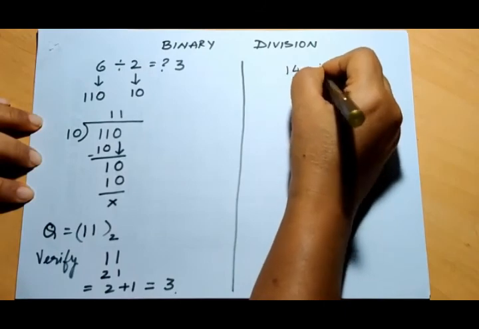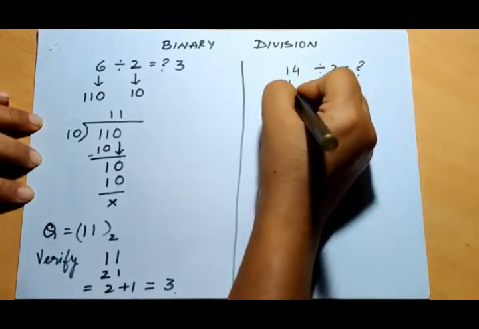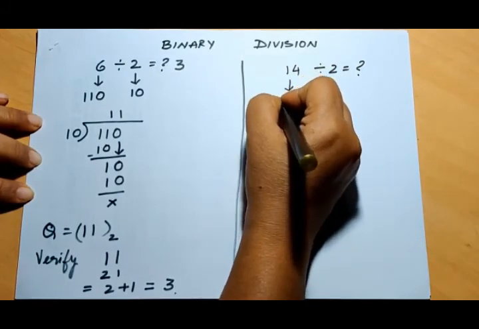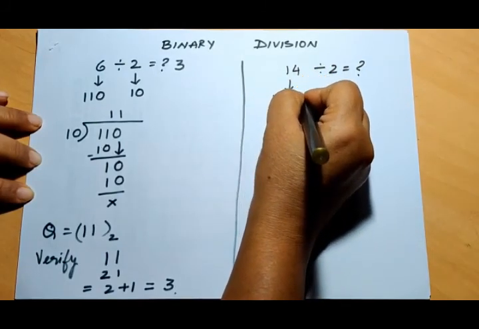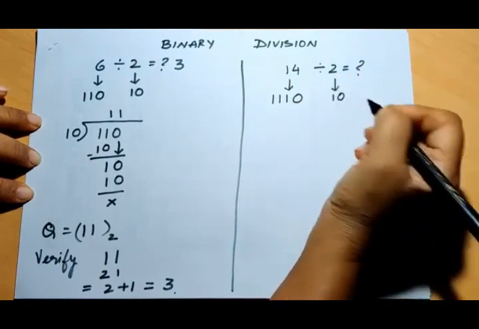14 divided by 2, and let's see what answer we get. Again, the computer converts 14 into its binary equivalent, which is 1 1 1 0, and 2 into its binary equivalent, which is 1 0.